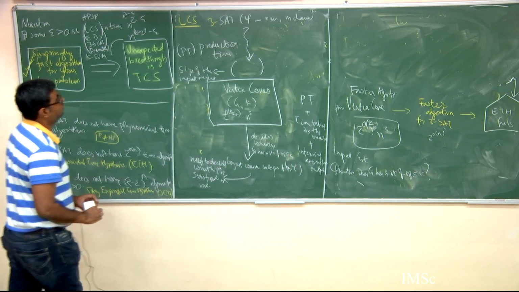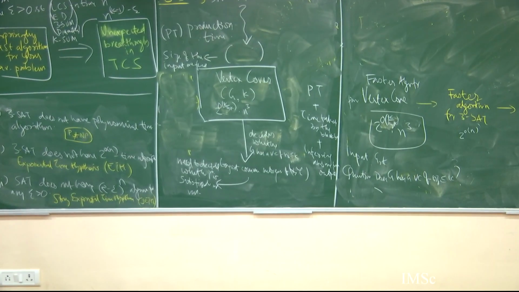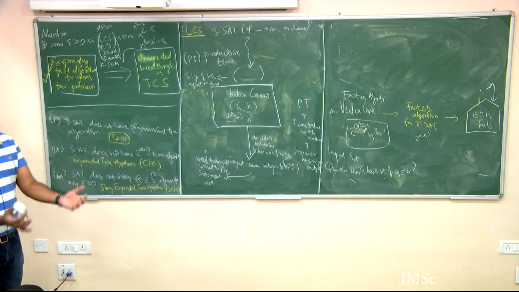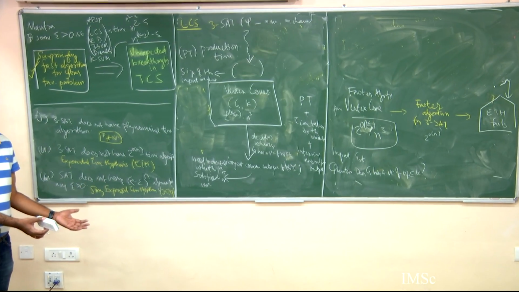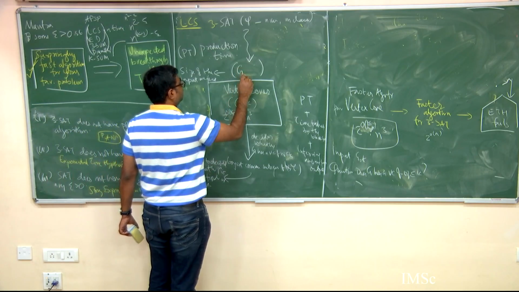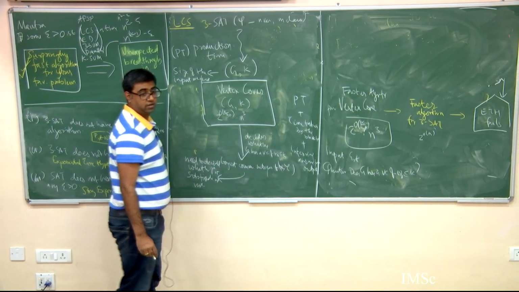Now, given a 3-SAT formula, what should I produce? I have to produce an instance of vertex cover, a graph and a number k. So it produces G and k. How much time can it take?